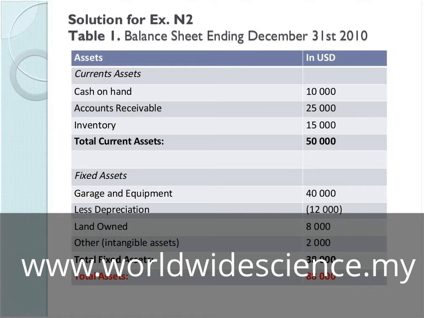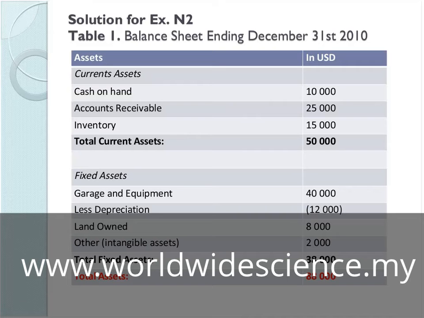The next is fixed assets: garage and equipment, 40,000, less depreciation. You must show it as less depreciation, 12,000. Land owned, other intangible assets, and total fixed assets would be 38,000. And total assets, 88,000.